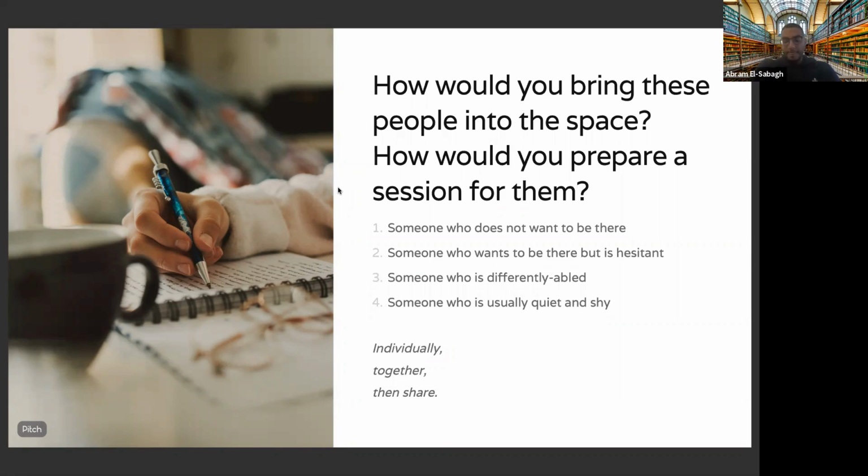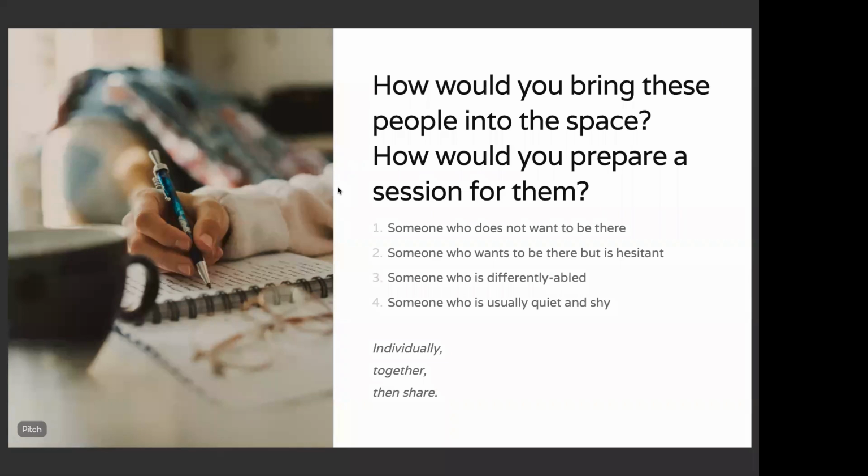Yeah, I was just thinking about the last one, someone who usually is quiet and shy. If you're designing a session for introverts, maybe we already jump on Miro to do some session, to give them some creative space. I usually think that is a good way to open them up a bit more.